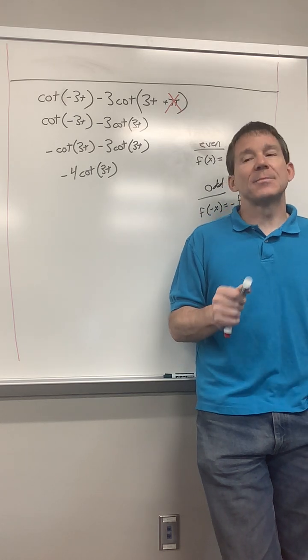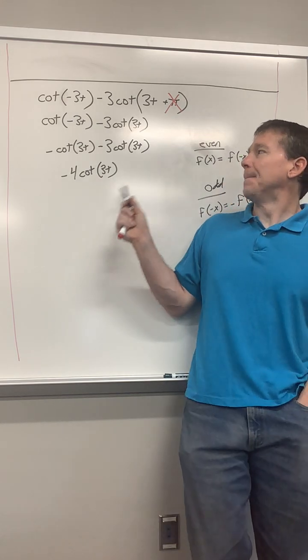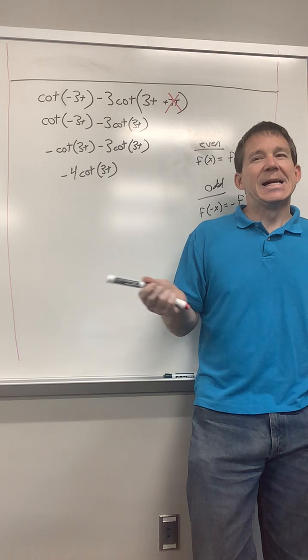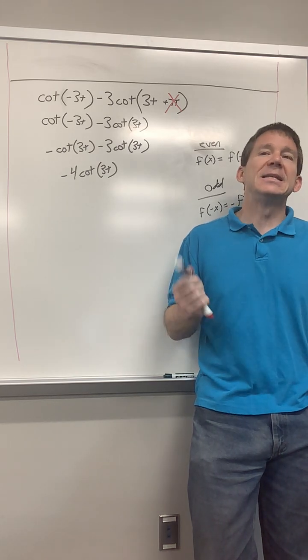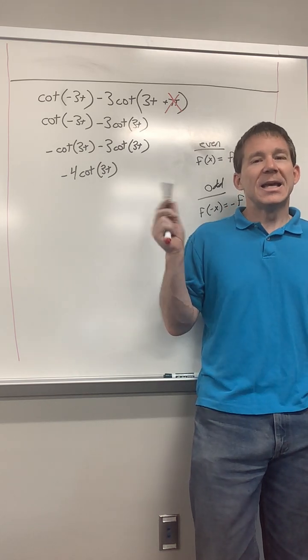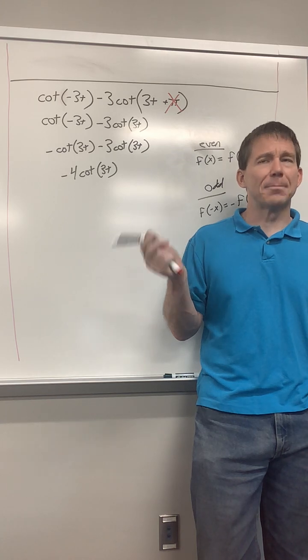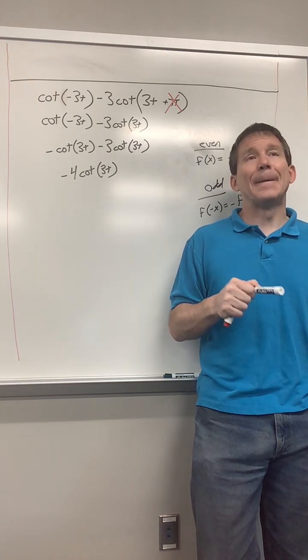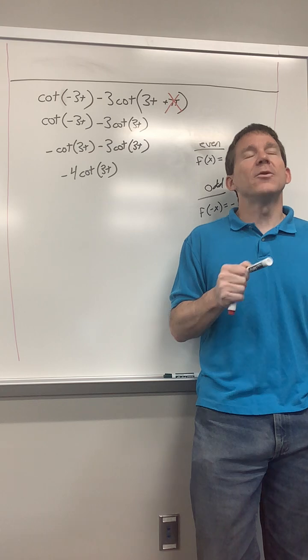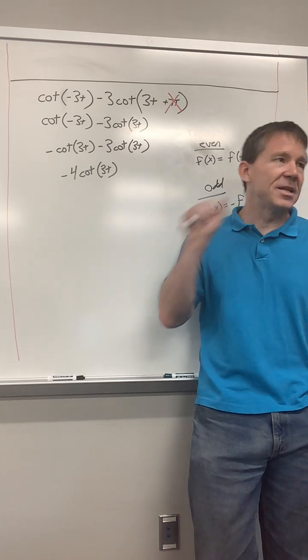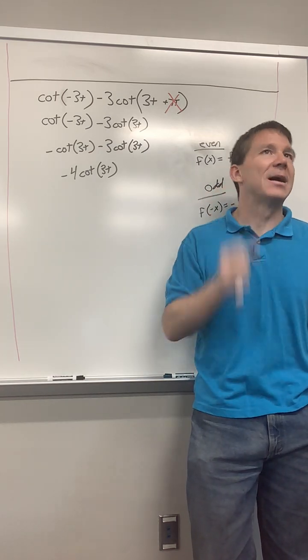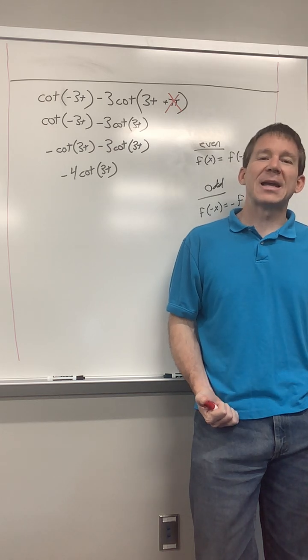A lot of times if I'm solving a problem, for the purposes of this class, I don't necessarily need to use the even and oddness. Here we're studying the properties because they are important mathematically. But there is a large section of this class that will talk about verifying trigonometric identities.